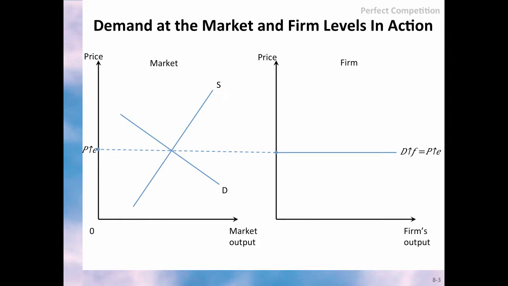Nothing above, nothing below, just PE. In fact, the only variable these type of companies have control over is the amount they can produce. Also, notice that the horizontal line given by PE effectively becomes the demand curve for the company, and that's why you have this solid blue line and this demand indicating that this is the demand curve.